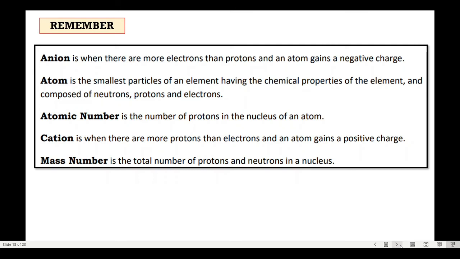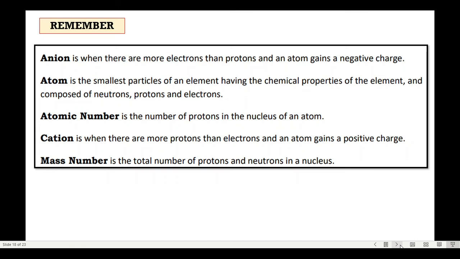So, yung neutron and proton contribute to the mass of the whole atom. And they are found on the nucleus. Proton and neutron are collectively known as nucleons.